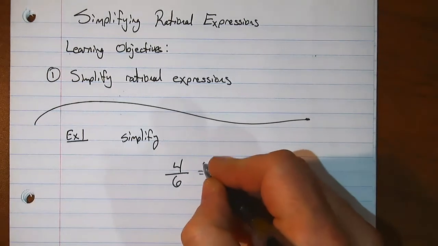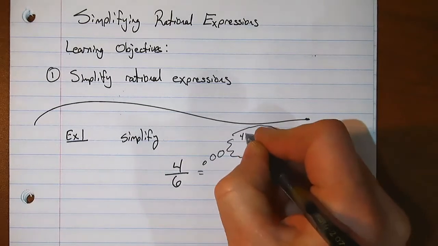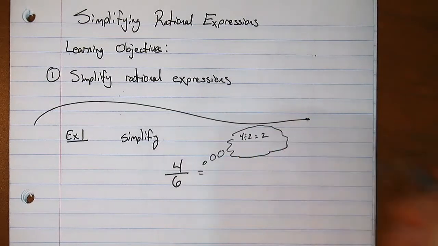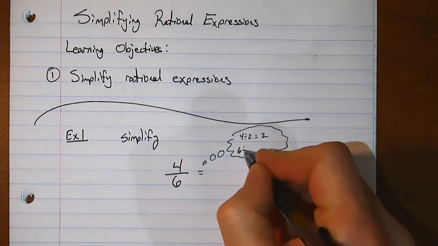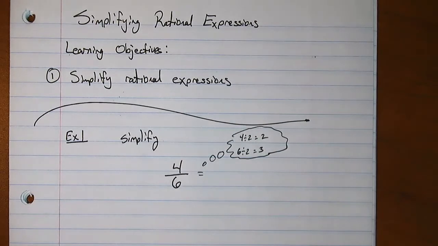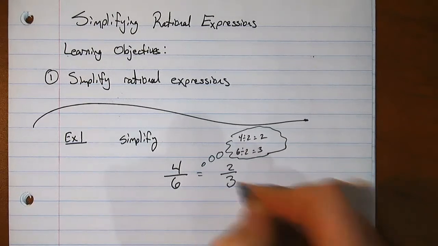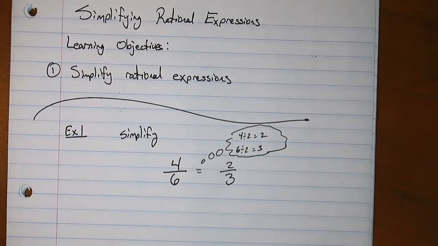So in my mind, I'm thinking 4 divided by 2 is equal to 2, and I'm thinking 6 divided by 2 is equal to 3. And so based on that thought, I can take this and simplify it into that. And so that's what I would have done if I was you, okay?